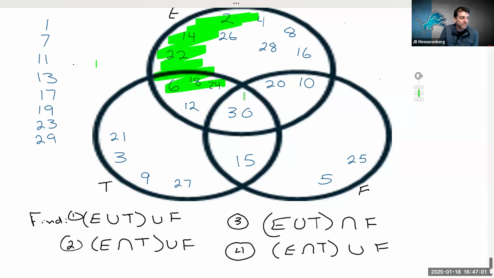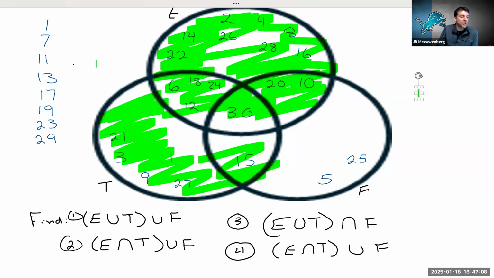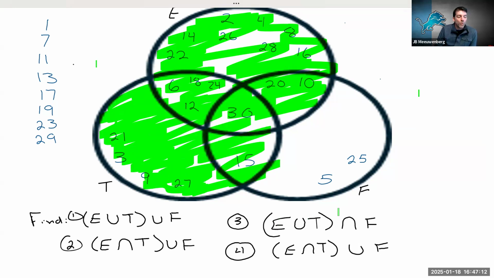It's E up here, and it's T over here. So that's our starting point, right? We've created like a new set when we do that. Well, now we have to take that and we have to intersect it with F. So it's only going to be the stuff we shaded just now in green.